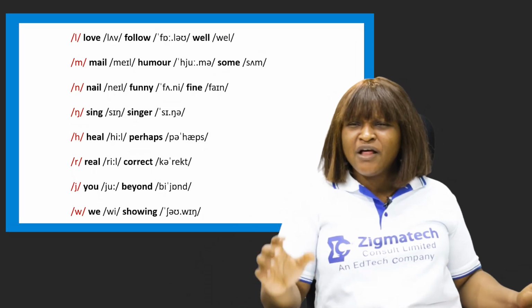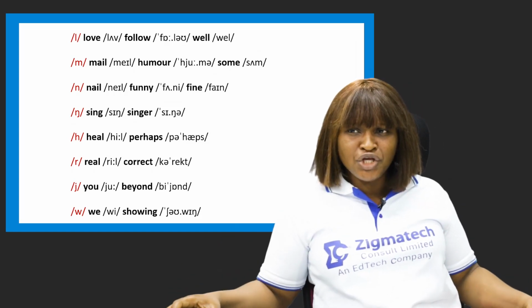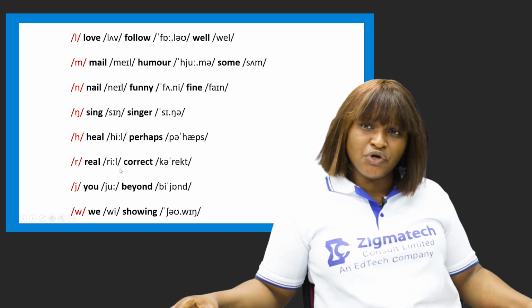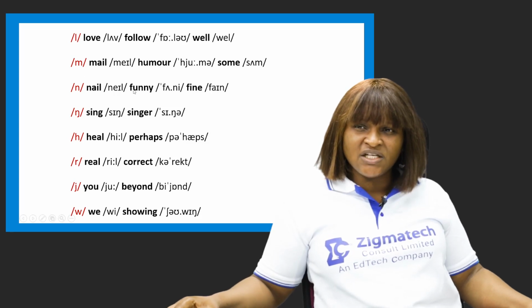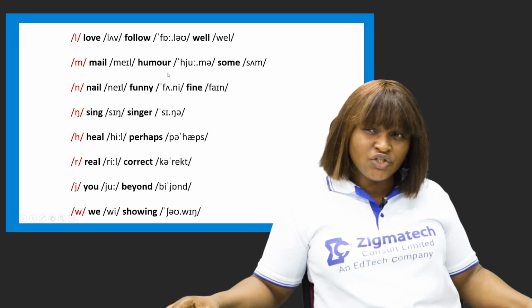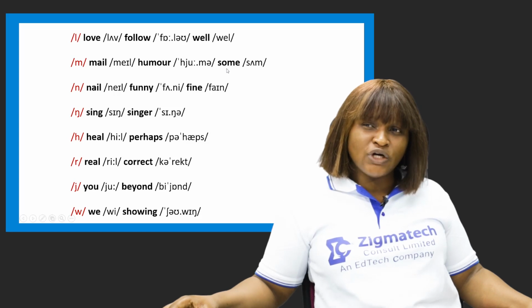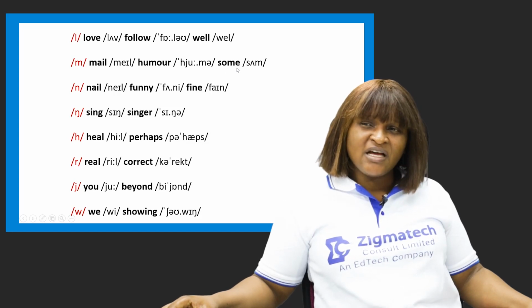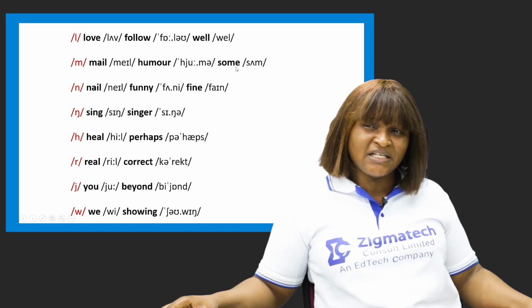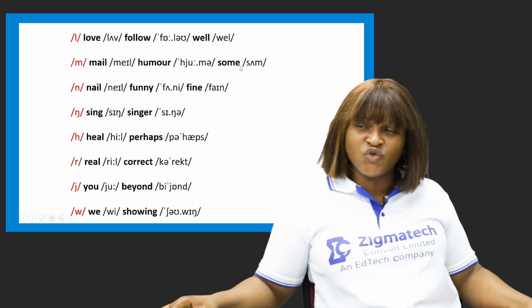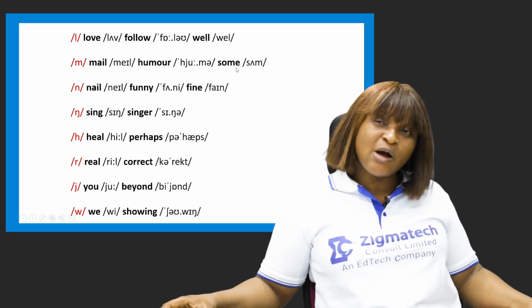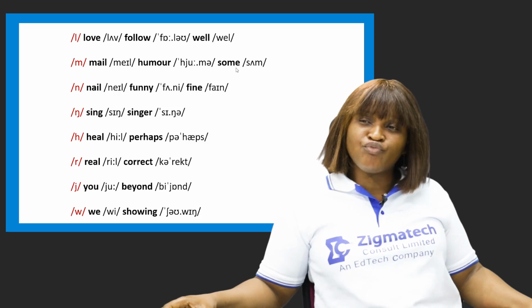All right, so we have the mo sound, which is male, hemo, and Sam. So you see that we also have it at the middle stage, final stage, and initial stage. Now, one will look at the word S-O-M-E and tell me that the mo sound is not at the final stage because the word ends with E. Remember, I told you sounds deal with pronunciation.